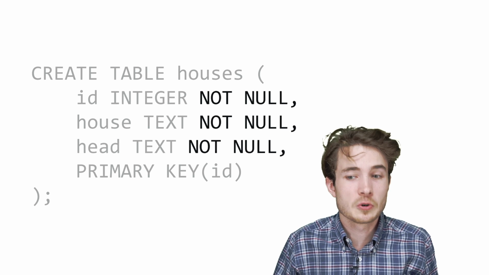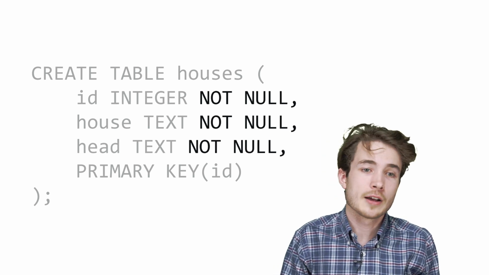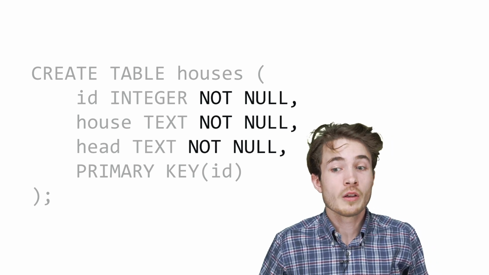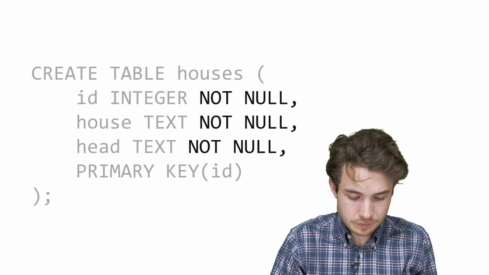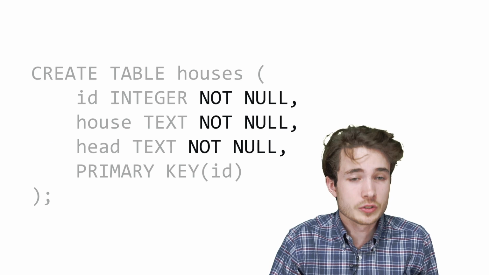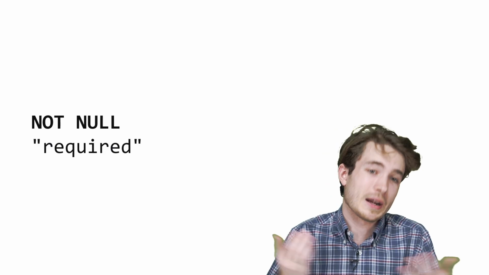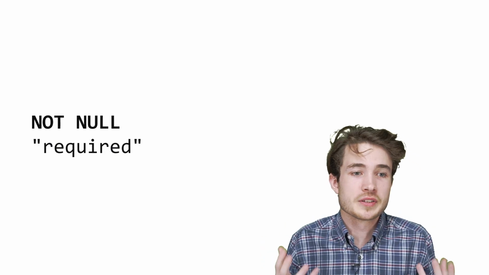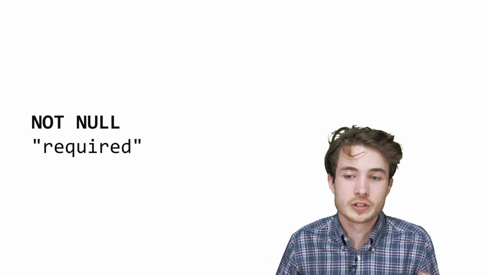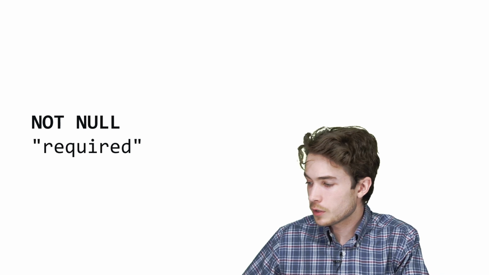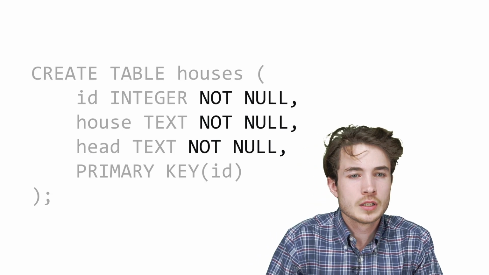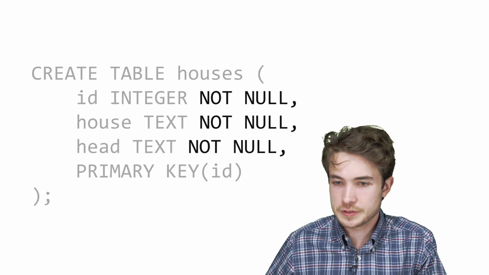That wouldn't make sense. So every row has to have each of these three columns in order for us to insert it, right? And so a translation here is that not null is similar to required. We have to make sure this column name is required when we insert some new data here. So let's try this soon, but what questions do you have so far on this create table syntax?